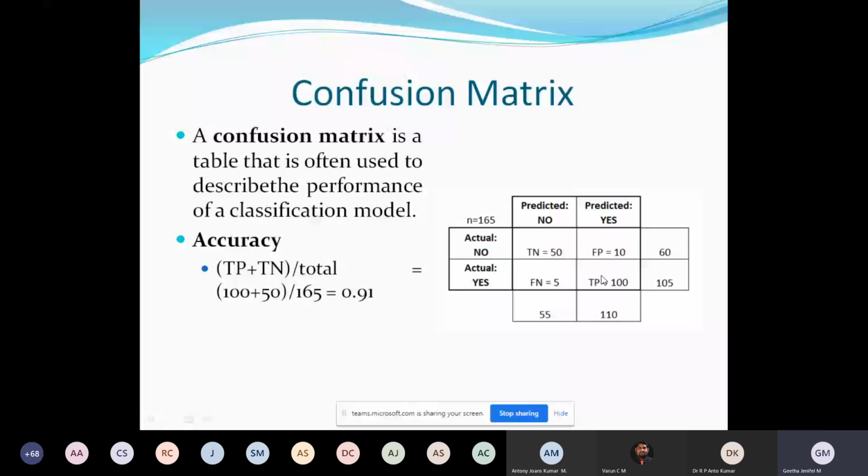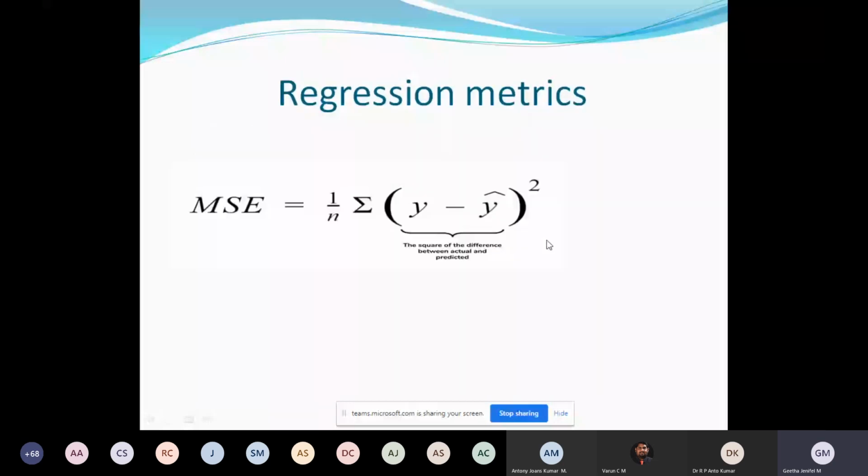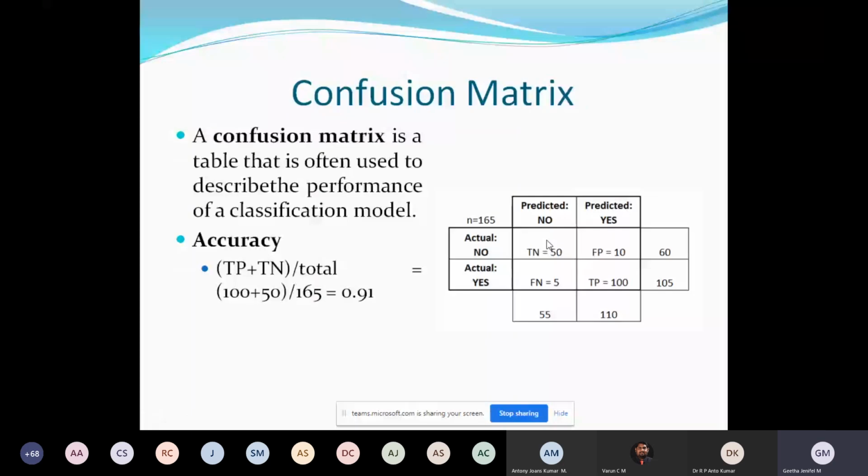In our case, the data set has a total of 165 records. Among the 165, the true negatives are 50 and the false negatives are 5. False positive is equal to 10. True positive is equal to 100. From this confusion matrix, I am going to find the accuracy.